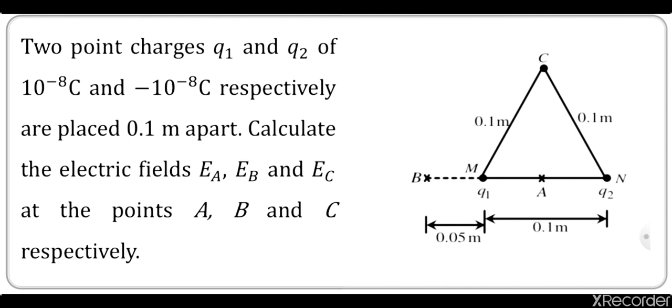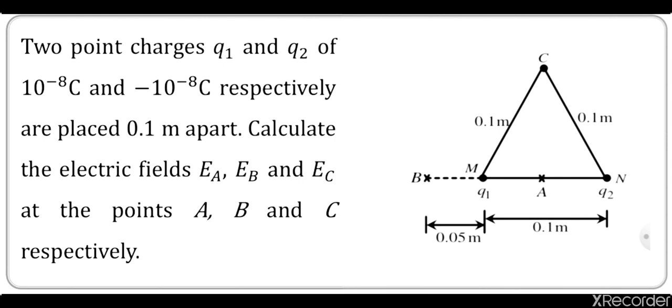Now these two charges are placed at a distance of 0.1 meter. We have to find the electric fields at the points A, B, C, that is EA, EB, EC. You can see the marks. A is in between the charges Q1 and Q2 along the axial line, right?